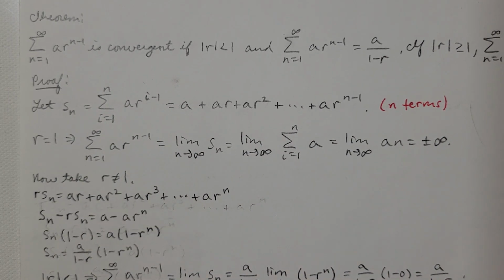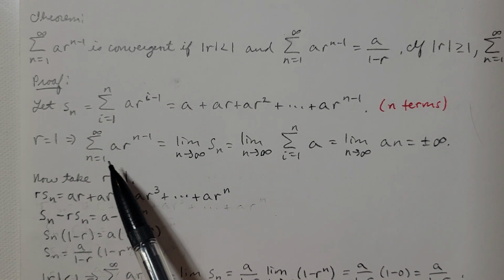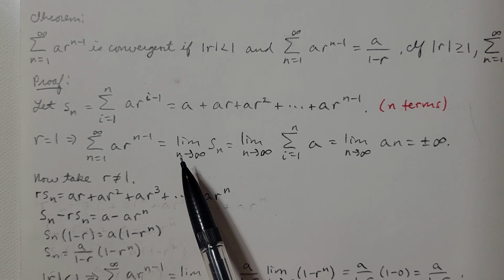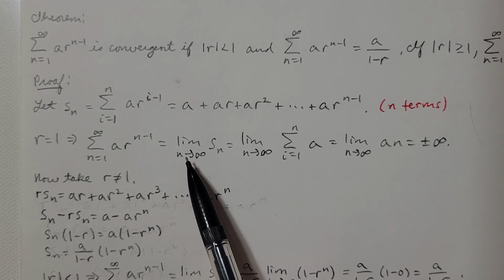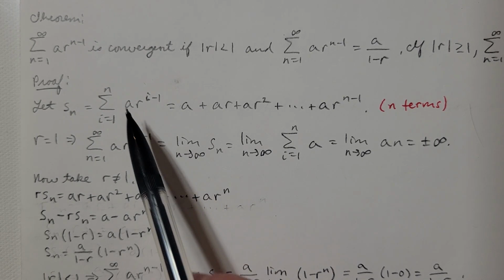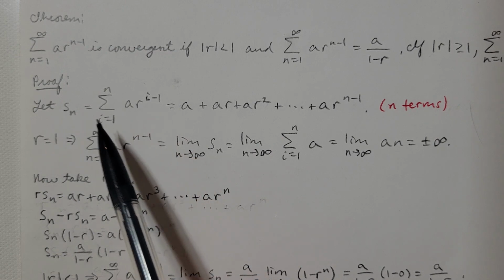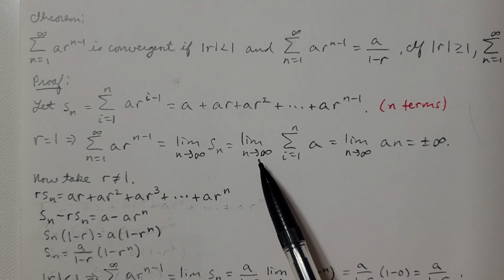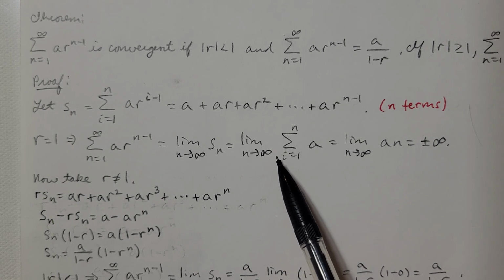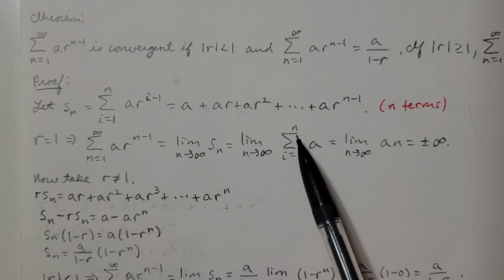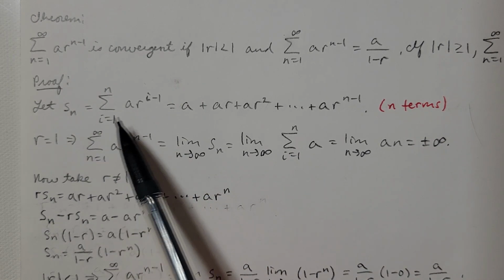Now, if r is equal to 1, then the summation as n equals 1 to infinity of a times r to the n minus 1, that's by definition the limit as n approaches infinity of the nth partial sum. Okay, here's the formula that I'm using for the nth partial sum for this problem. So we got the limit as n approaches infinity of the summation as i equals 1 to n of a. r is 1, right?